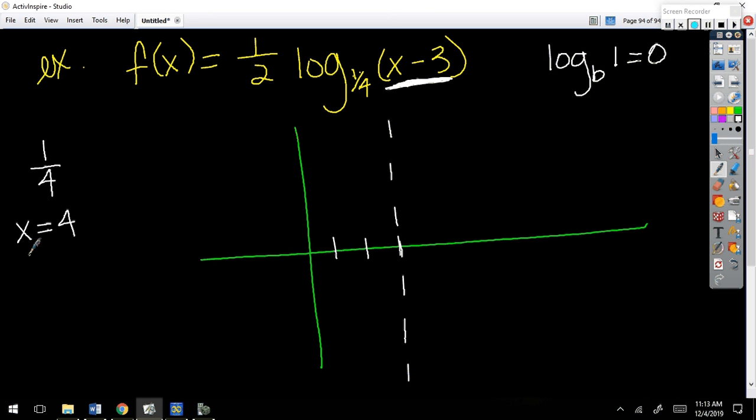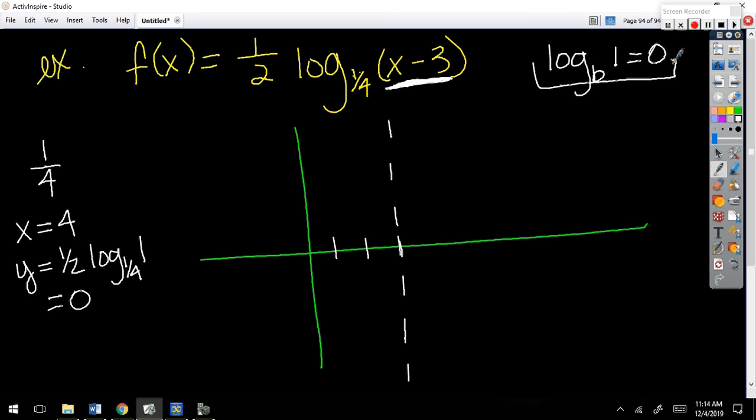And if x is 4, well, that means y is 1/2 times the log base 1/4 of 1, which is 0, because any log base of 1 is 0. Because 1/4 to the what power gives you 1? 0.